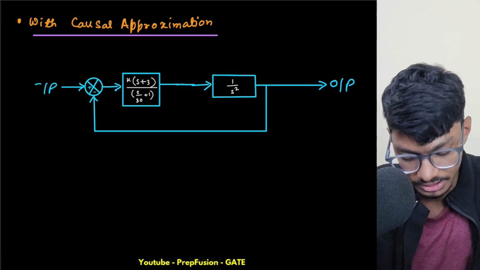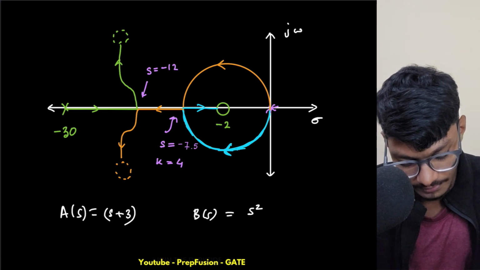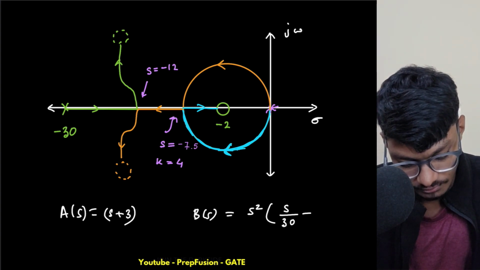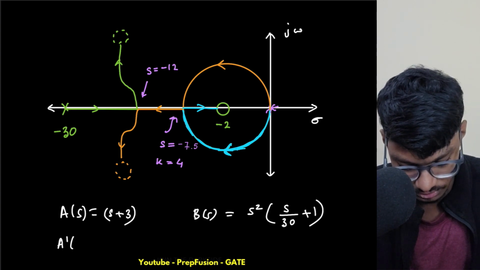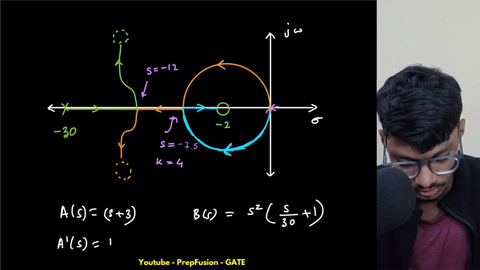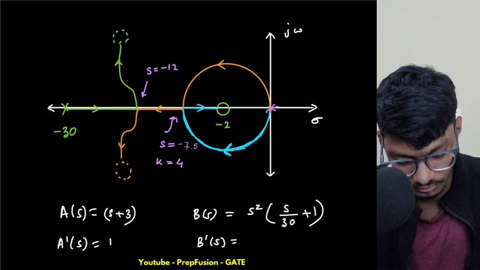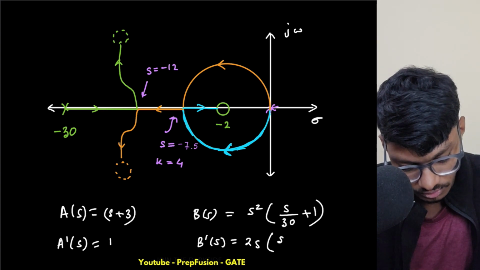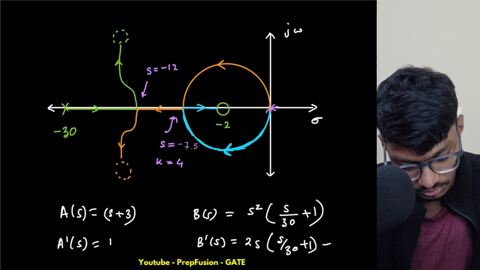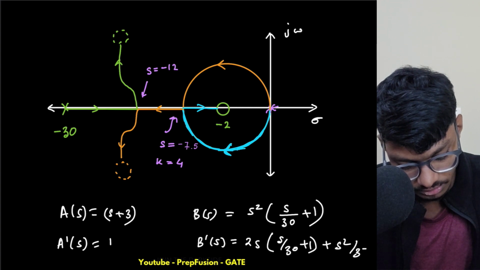If you recall correctly, it is simply this, s square into s by 30 plus 1, and A dash of s equals simply 1, and B dash of s equals two things: 2s into s by 30 plus 1, plus s square by 30.